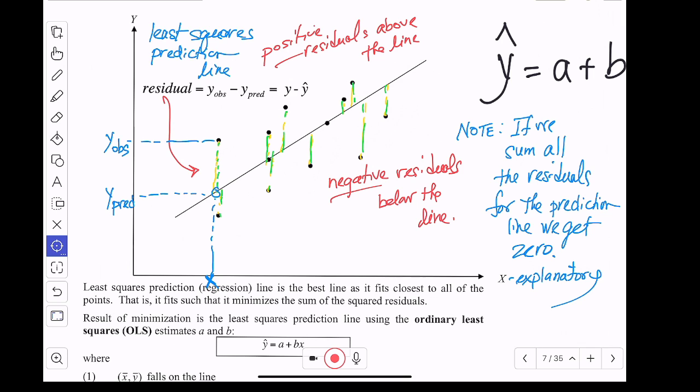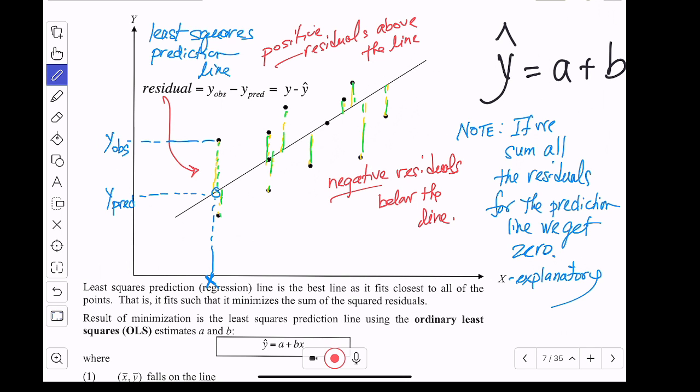All right, so this is known as ordinary least squares, or OLS estimation of A and B. The parameters are estimated by the estimates for A and B. Now, how do we get A and B? We're talking about optimization, and optimization is achieved with calculus.